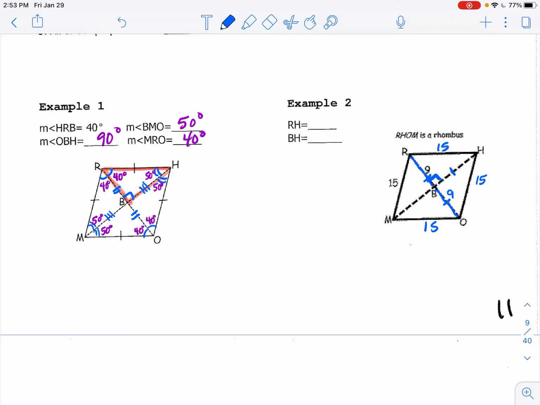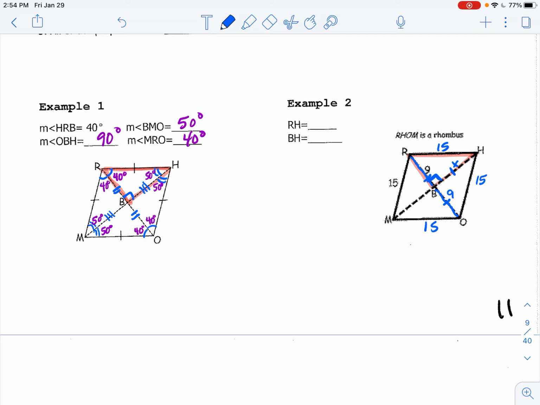These are all 15. I can use the Pythagorean theorem. Okay, here is my right triangle. So if I know that the leg on this triangle is 9, the hypotenuse across the box is 15, I can set my x right here and then solve. And so let's call this guy x.